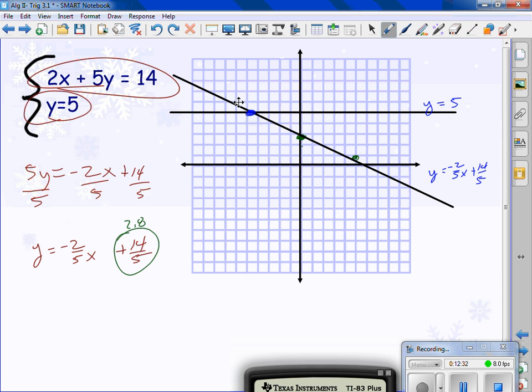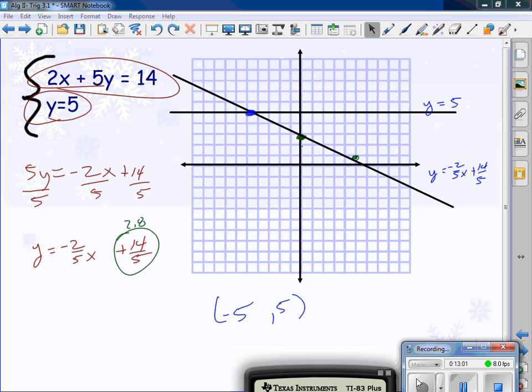They intersect up here. That's my first graph. That's my second graph. They intersect right here, which is 1, 2, 3, 4, maybe almost 5. So I'll say negative 5. 1, 2, 3, 4, 5. So negative 5, 5.